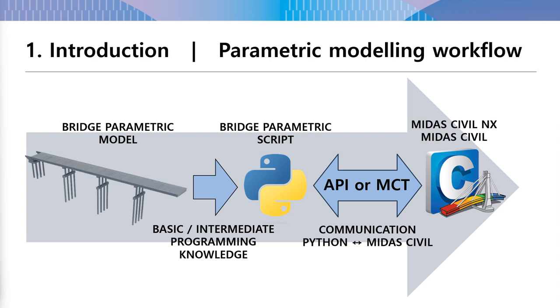This can be done using the MCT command shell, and this is available in both MIDAS Civil and MIDAS Civil NX. So two-way communication is possible in MIDAS Civil NX, and one-way communication is possible in both MIDAS Civil and MIDAS Civil NX using the MCT command shell.